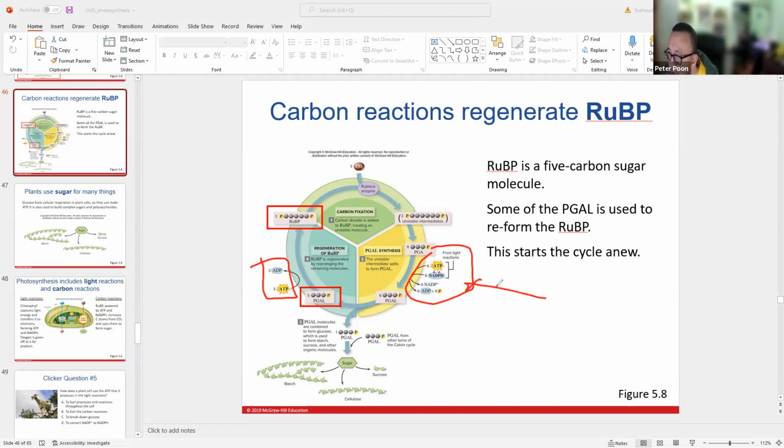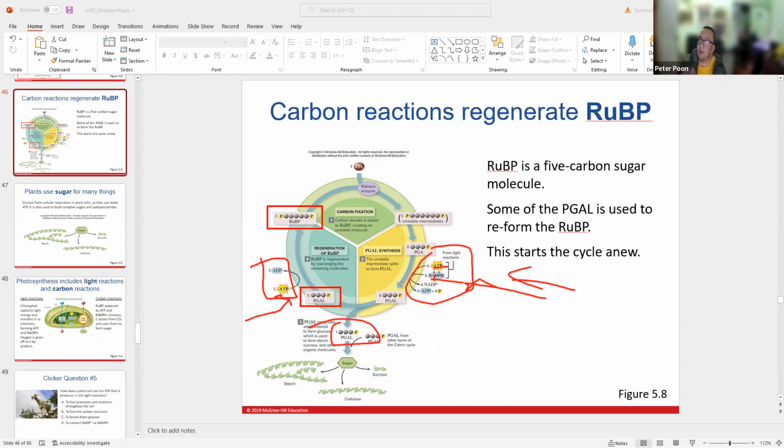The ATP I got from the earlier reactions, I'm using here to fuel these reactions. From the light cycle, I generate ATP and NADPH, and I'm using them all here to make carbon dioxide into PGAL.